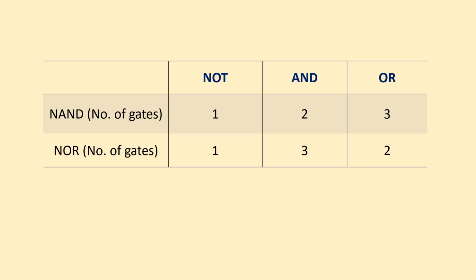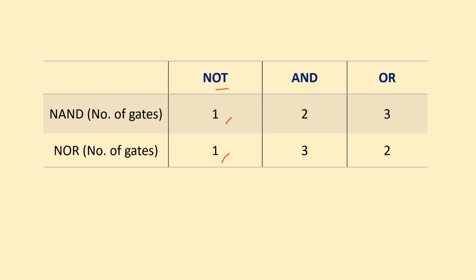Now in this table, we have summarized how many gates we used to implement the basic logic gates using these two universal gates. To implement the NOT operation, in both cases, NAND and NOR, we require only one gate.